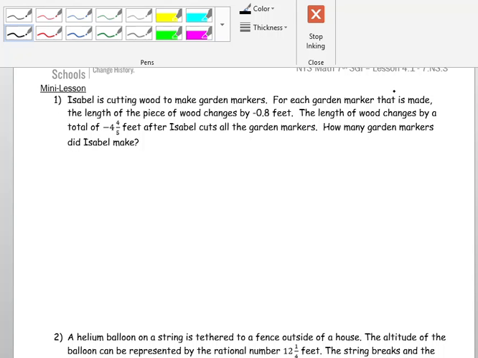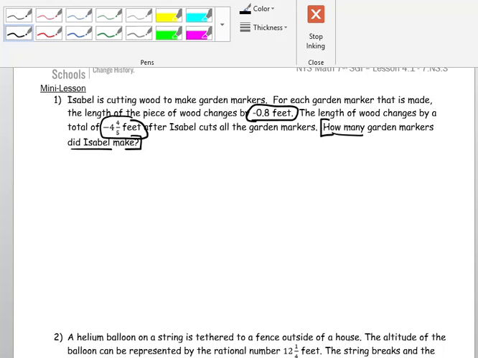For each garden marker that is made, the length of the piece of wood changes by negative 0.8 feet. The length of the wood changes by a total of negative 4 4/5 feet after Isabel cuts all the garden markers. How many garden markers did Isabel make?